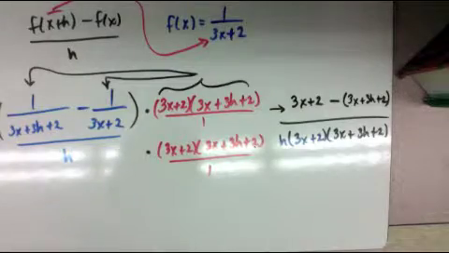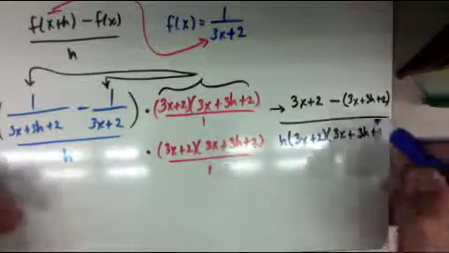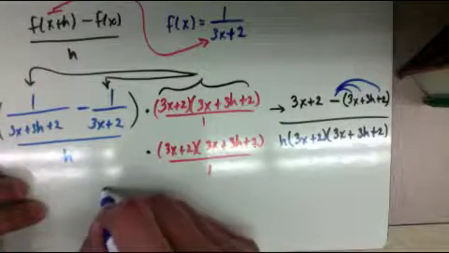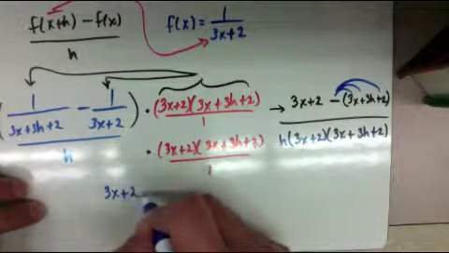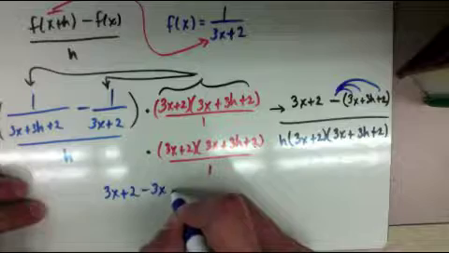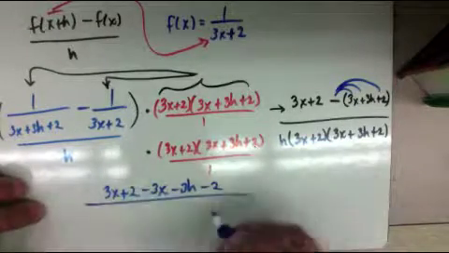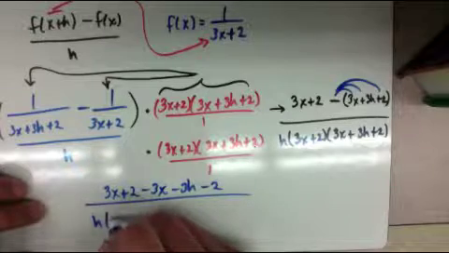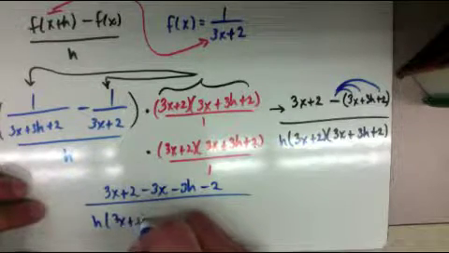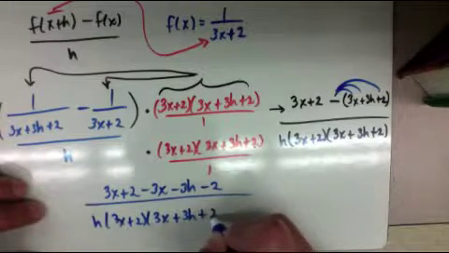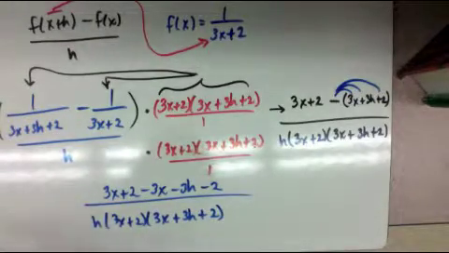Alright, now let's go ahead and simplify this further. Distribute this, and you are going to get 3x plus 2 minus 3x minus 3h minus 2 all over h times the quantity 3x plus 2 times 3x plus 3h plus 2. What's going to happen?